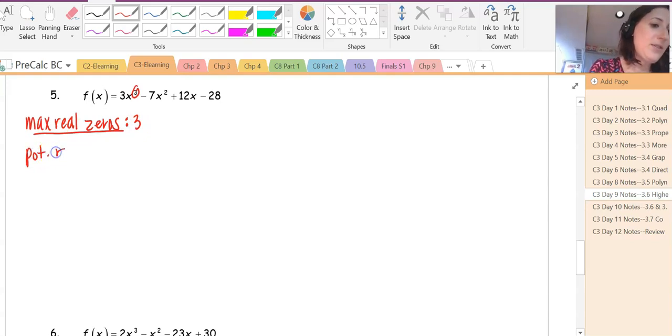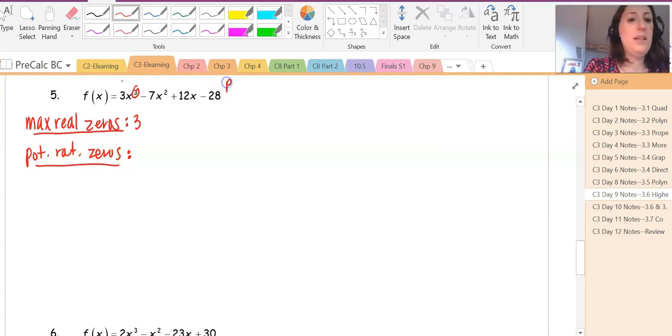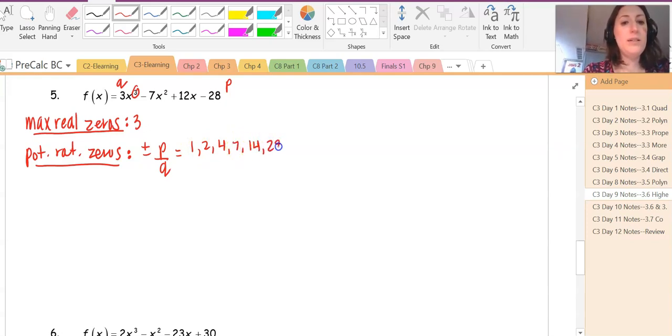And our potential rational zeros, P over Q. Okay, factors of P, or factors of 28: 1, 2, 4, 7, 14, 28. Did I miss any? I don't think so. Factors of 3: 1 and 3.